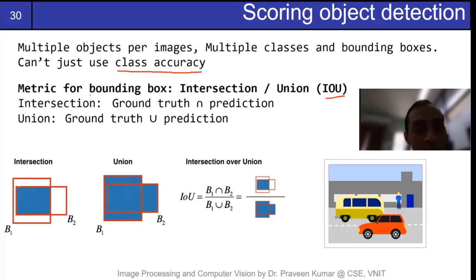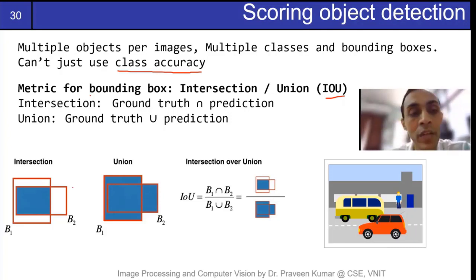How well is this matching with the ground truth bounding box? You first find the intersection of these two bounding boxes, and then find the union of these two bounding boxes and take the ratio. So the ratio will be the intersection area divided by the union area. A large value of IOU means a good detection. A small value of IOU means a bad detection.